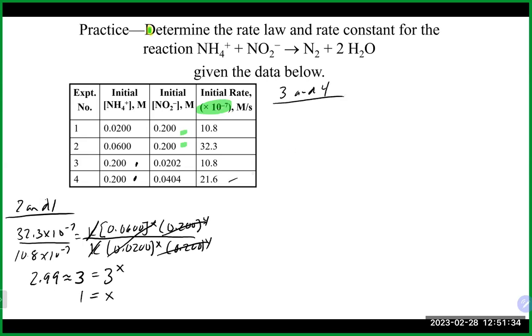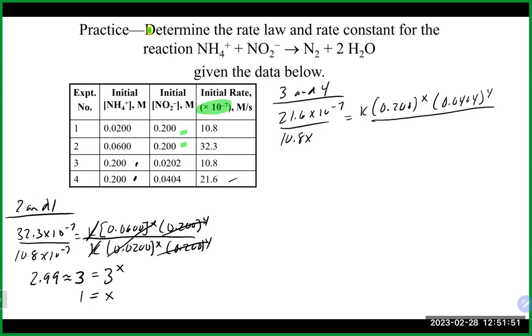I'm going to put the 21.6 up there on top since it is the larger number. And we'll put number 3 on the bottom there, which is 10.8 times 10 to the minus 7, K, 0.2 and 0.02 to the Y. So again, 21.6 divided by 10... error.